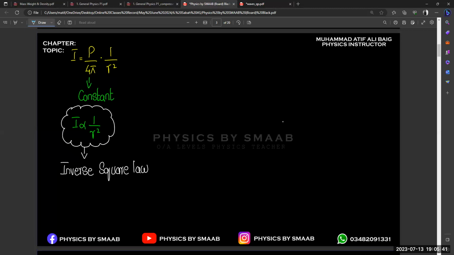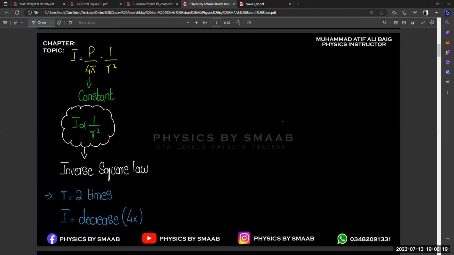And there is also a very common thing: when the source is twice as far away from an object, your intensity will be 4 times less, because we are using I over r square. If r is 2 times, it means the distance is 2 times increased from the initial point, so your intensity will decrease by 4 times according to the law, right?